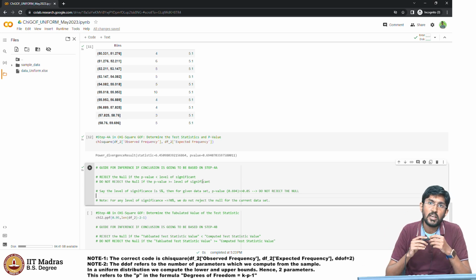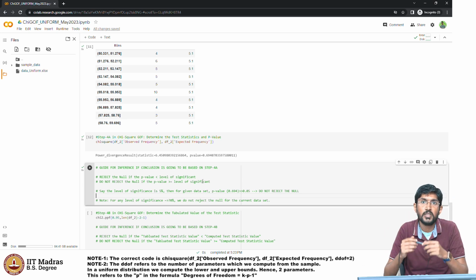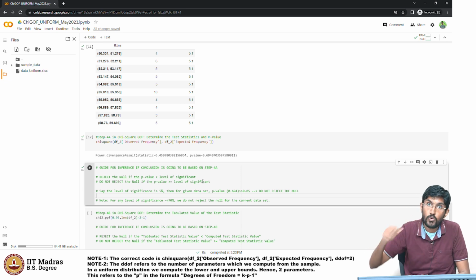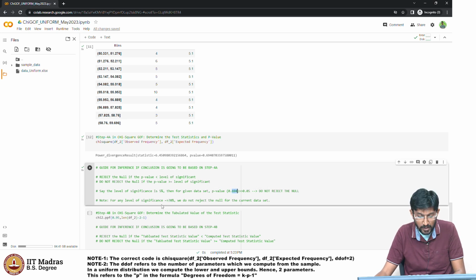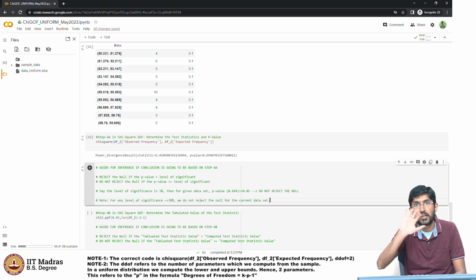And when you use a p-value, you can go one step further. You can say that up to a level of significance of 0.7, because only at 0.7 will this p-value become less than alpha, I would not reject my null hypothesis for this particular data set.